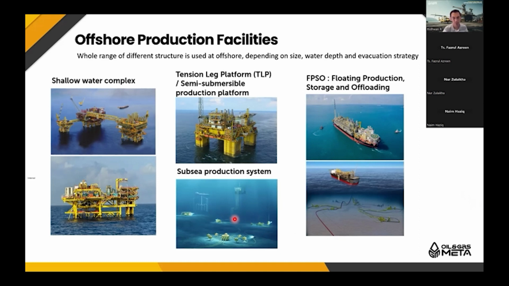Usually the production facility will send hydrocarbon to the nearest production facility, and some even have their processing at the subsea itself. In Malaysia we don't have many. If you have heard about the Kanawik field at Kumang, Kanawik at Kumang platform, this is one of the examples of our subsea system.